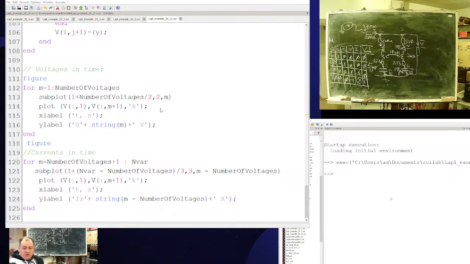Please, no, for the capacitor. One second, I will adjust.